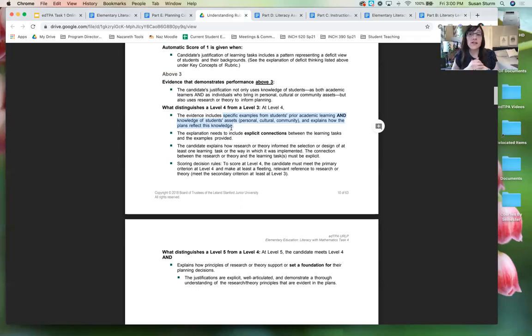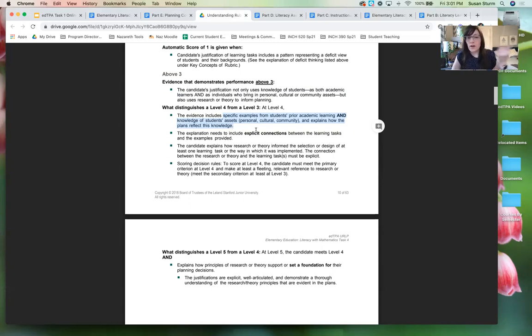A specific example would be, I just finished teaching the students about summarizing, and I had 90% of them score really high on the final unit assessment that I gave. I used that as a foundation for planning the synthesizing unit. I knew they were ready because I had collected data from the previous lesson. That is specific. That is actually giving examples from their prior learning.